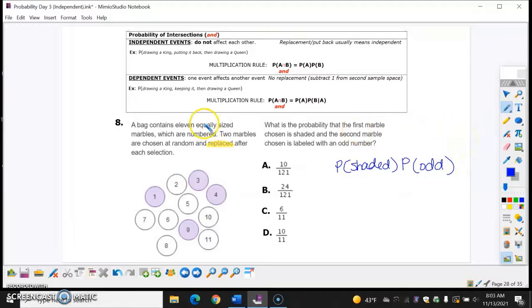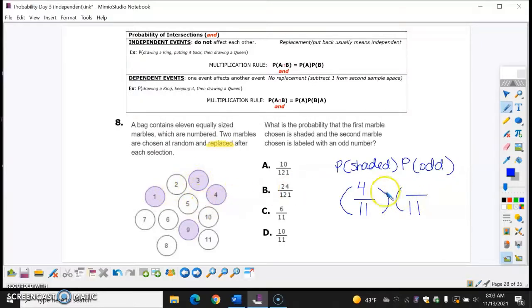Okay, the probability that these are shaded overall, remember there are 11 marbles, and there are 4 of those that are shaded. To figure out how many odd number marbles there are, the second time you draw, you still have 11 to choose from.